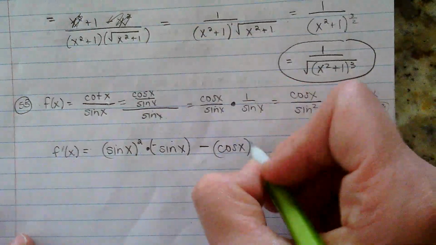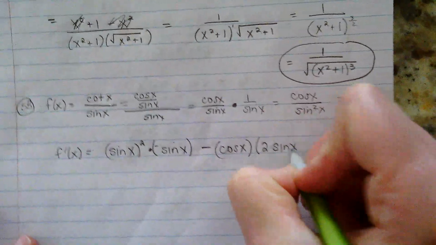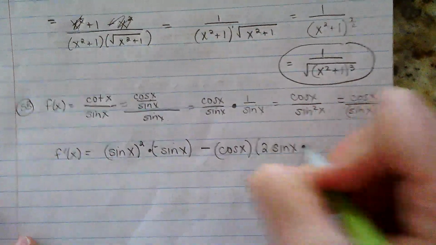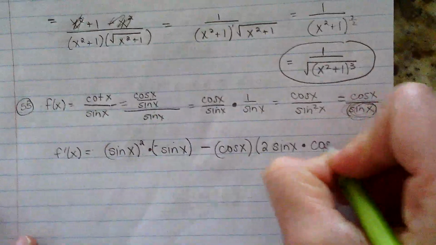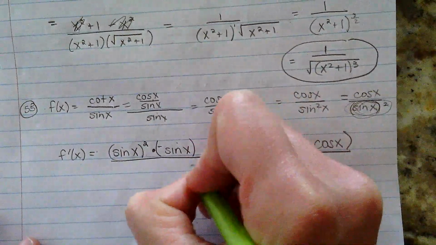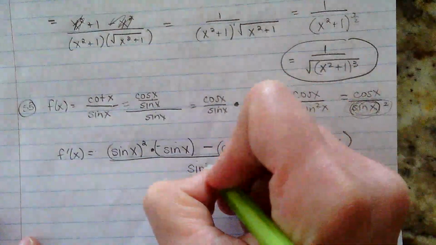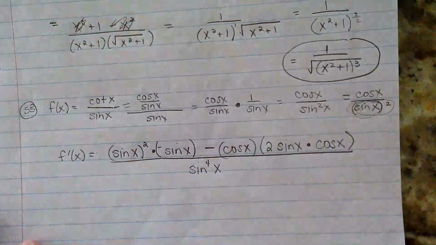So the derivative of the bottom is going to be 2 sine x now just to the first power times the derivative of what's inside, which is the derivative of sine is cosine. And then it's all over bottom squared, so the bottom, which is sine squared x squared, becomes sine to the 4th x.